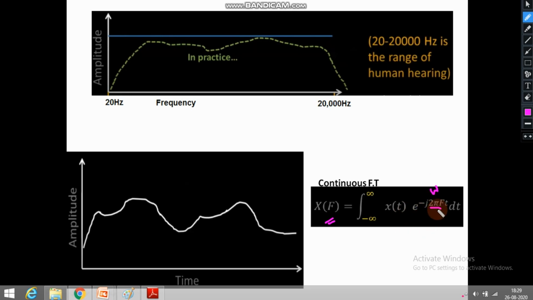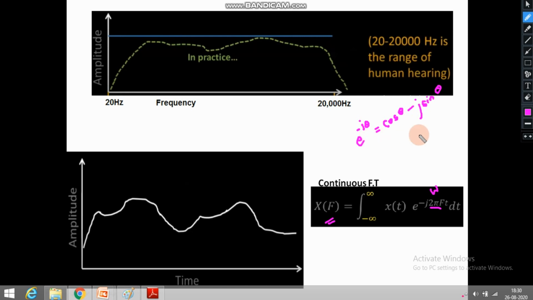Consider this e raised to minus j 2 pi f t, which can also be written as e raised to minus j theta, and by Euler's identity we get e raised to minus j theta equal to cos theta minus j sin theta.